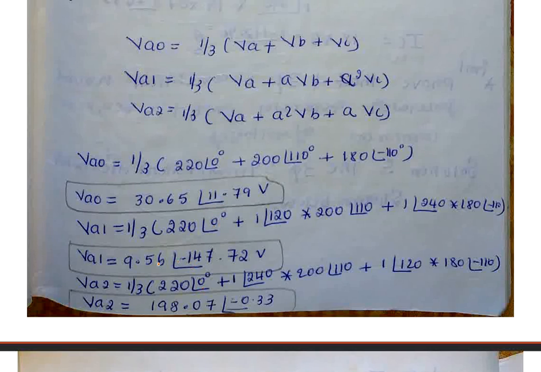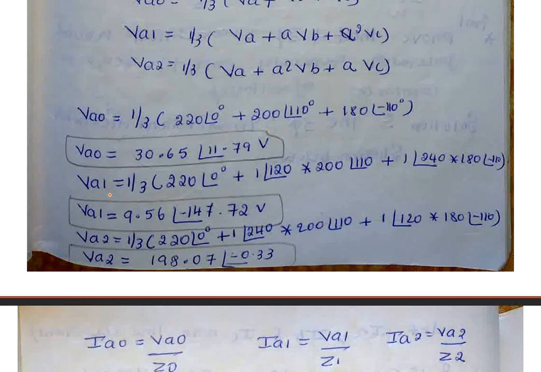Here VA1 is 220 at an angle 0, which is the reference, plus A into VB. A is 1 at an angle 120 and VB is given as 220 at an angle 110. So this value and this will be multiplied: angles will be added, magnitudes will be multiplied.